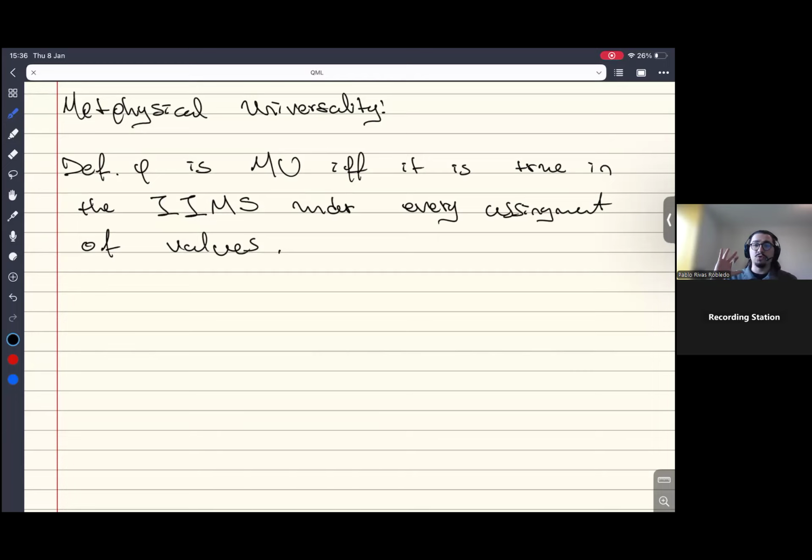So, for instance, what is something that should be metaphysically universal? For all x, if p of x, then p of x. This should be metaphysically universal because, irrespective of how you assign meaning to those predicates, it should hold. And then what also should be metaphysically universal?